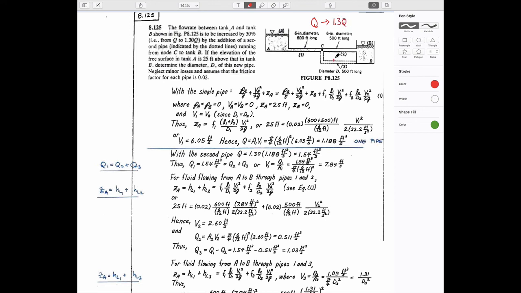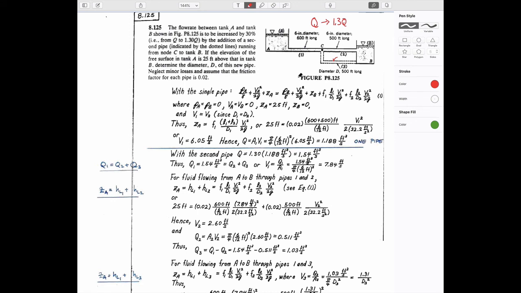So by adding this pipe, we want to increase the flow rate by a specific amount, and it's probably asking what the dimension of the pipe is. So it's 25 feet above the tank. Determine the diameter of the new pipe and neglect minor losses. Minor losses would be at the T and inflow and outflow into the tanks, of course. So we're cut a break by being able to avoid those.